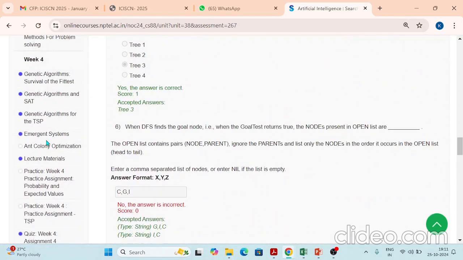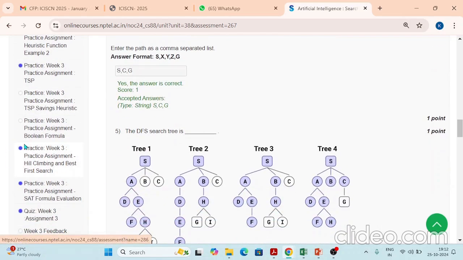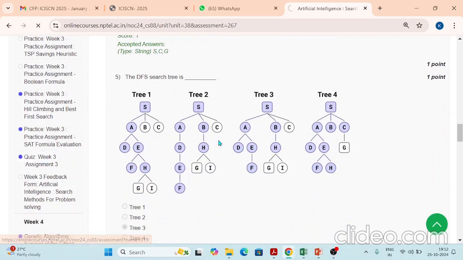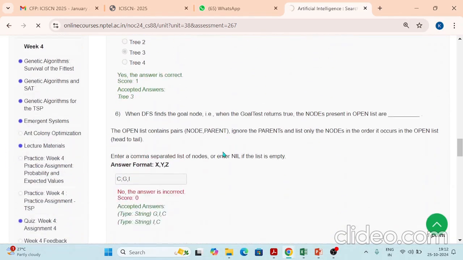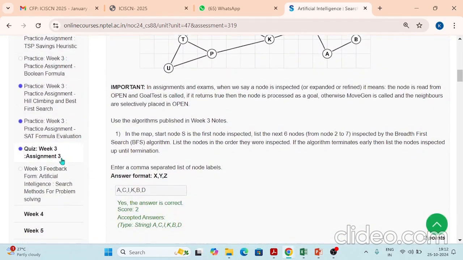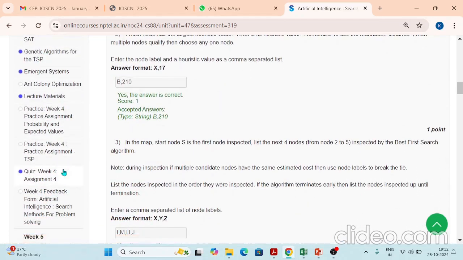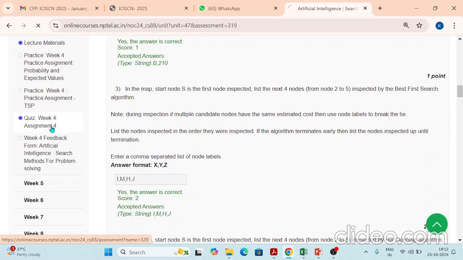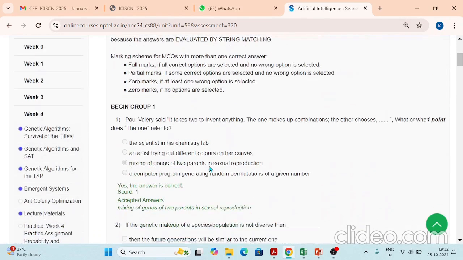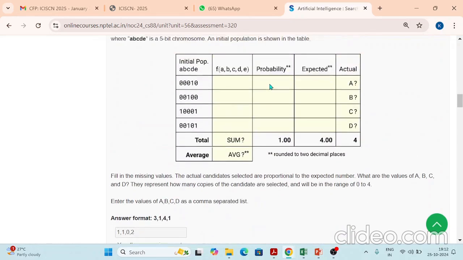Coming to the third week, I think we have already seen it. In the fourth week, TSP problems and SAT problems we will also get. So concentrate on these types of problems.